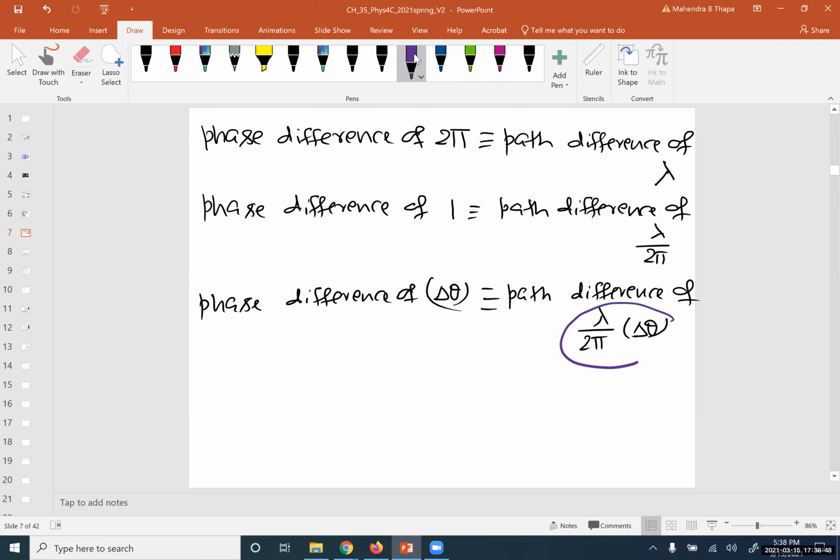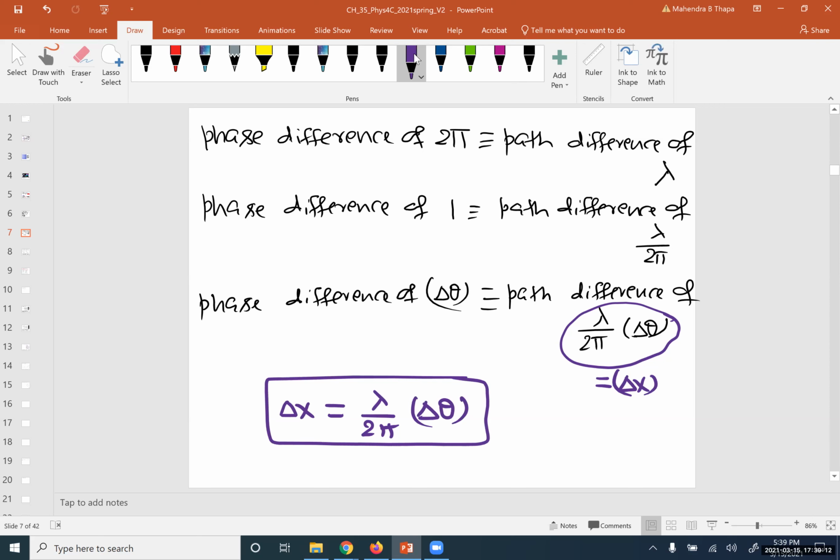So this is the path difference. In terms of symbol, we can write it as delta x or delta y, whatever. Okay, so the equation to convert phase difference to path difference is lambda over 2 pi times delta theta.